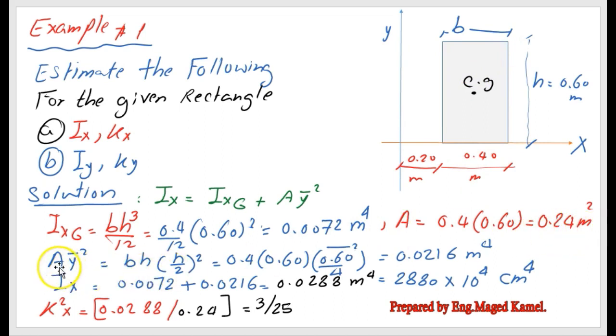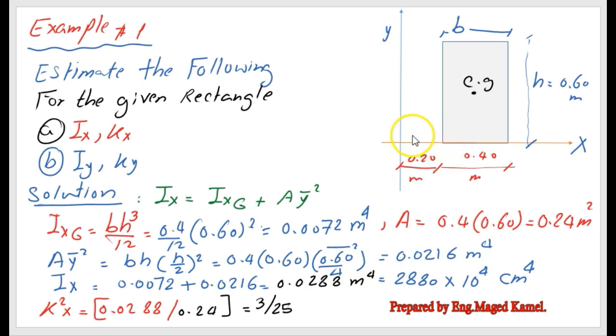For the item A y bar squared, we have A equal to b h, and y bar is h over 2, all raised to the power of 2. So we have b h, which is 0.4 by 0.6, multiplied by h over 2, which is 0.3, raised to the power 2, divided by 4. This will give us 0.0216.